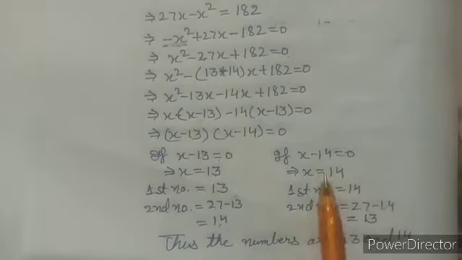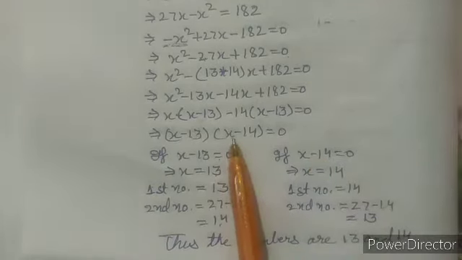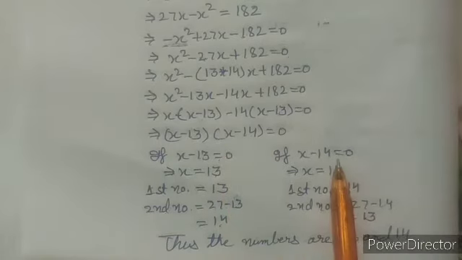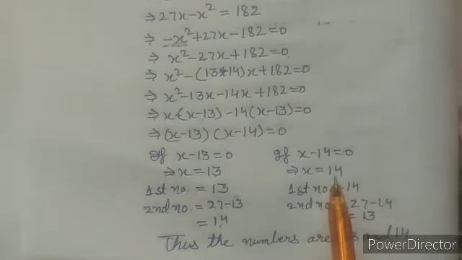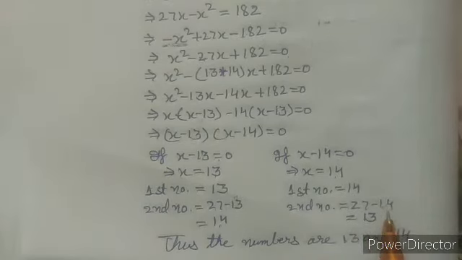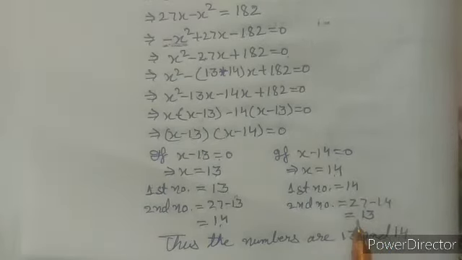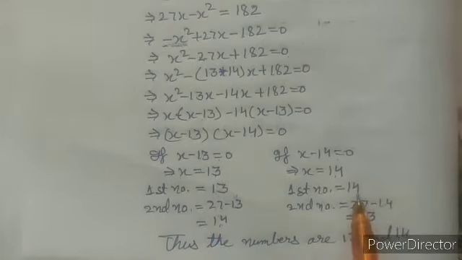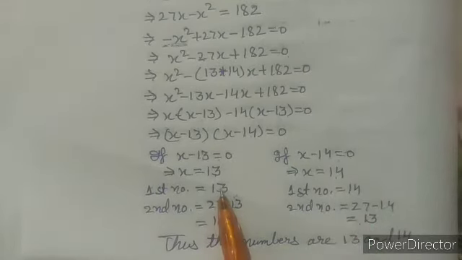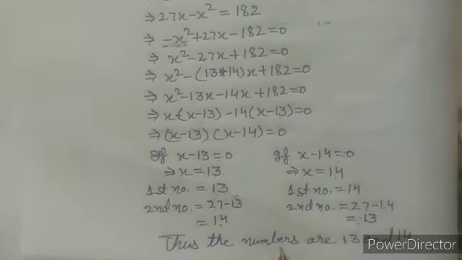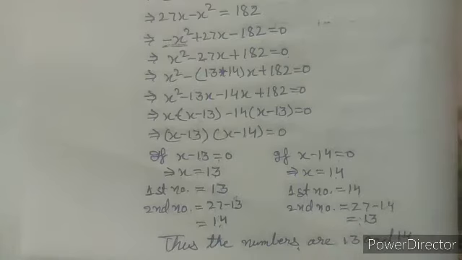In the second case, if we take x minus 14 as 0, we get x as 14. So the first number will be 14 and the second number will be 27 minus 14, that is 13. Thus in both cases we get the same numbers, 13 and 14. So we can say that the required numbers are 13 and 14.